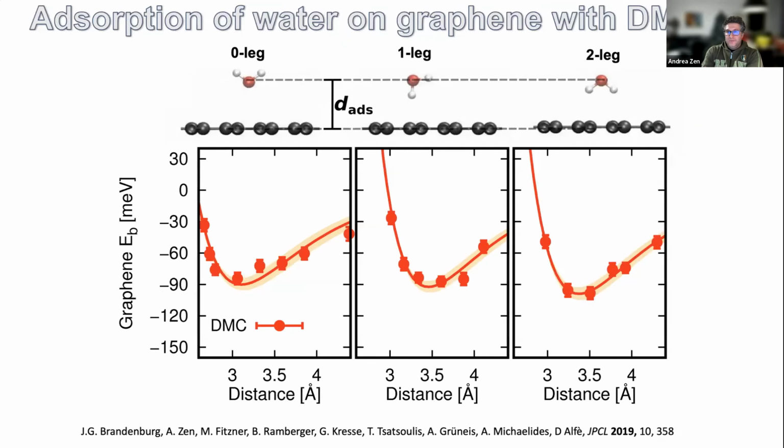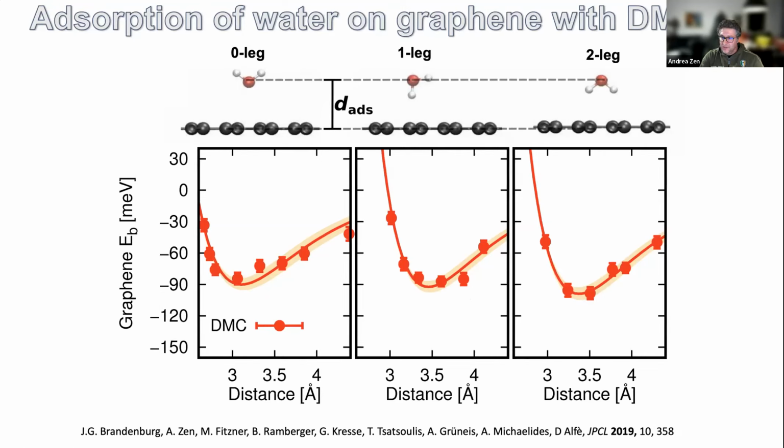Okay. Well, just to finish the story on the water-graphene system, we studied it with diffusion Monte Carlo for 3 different orientations of the water molecule, and obtained these curves. And so we have yet another result.